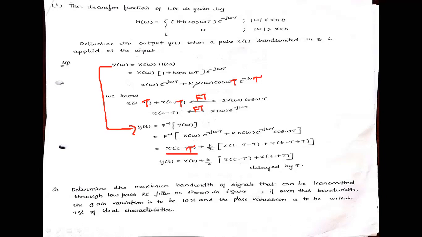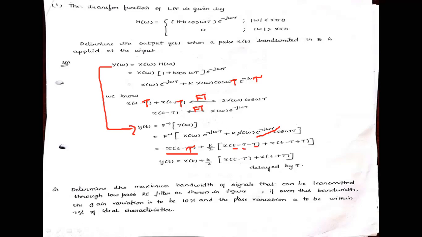And then the second one, the k value is already there. The k is a constant. And if it is 2 into X of omega cos omega T only, k by 2 you can multiply, giving x of t minus T. Here again it is multiplied with e power minus j omega tau, my students. So for that function, t minus T is already there, and you can shift it by the tau samples.